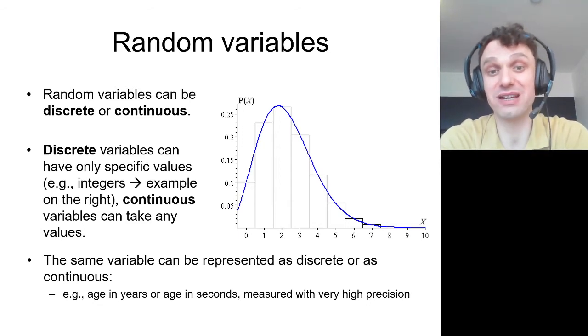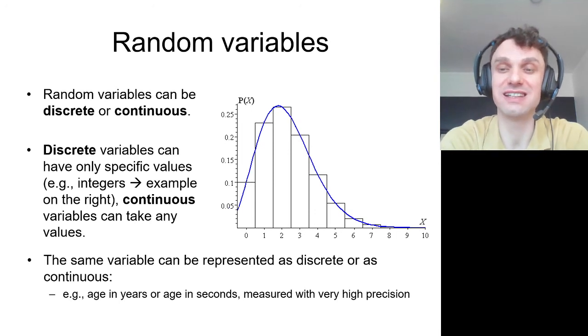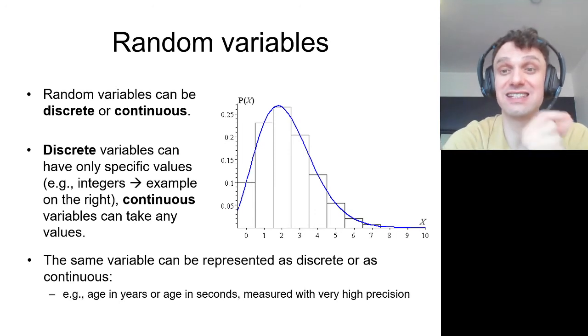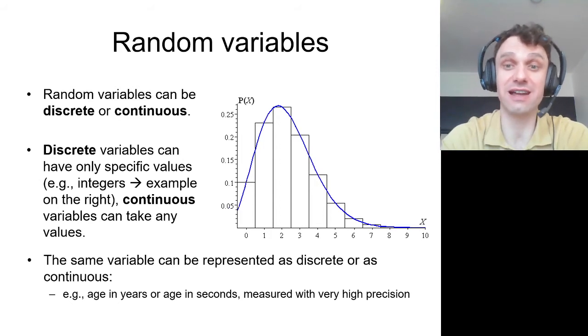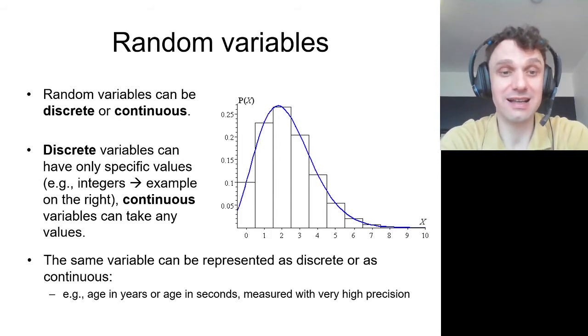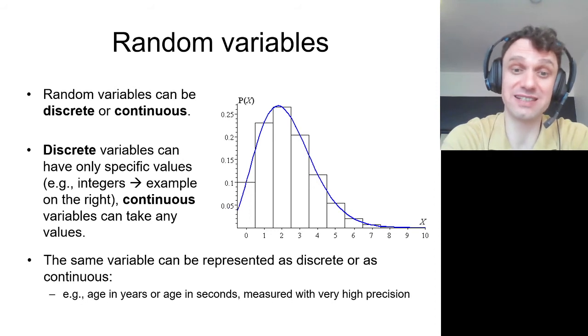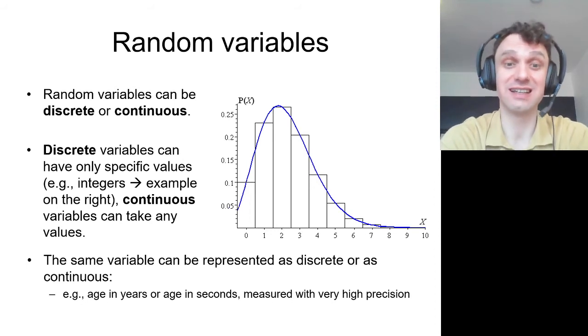But sometimes we also get continuous variables, when the result can take basically any value. For example, you are measuring a person's height, or you are measuring a person's income in rubles, and they can give you any value. And sometimes the same variable can be represented as discrete or as continuous.